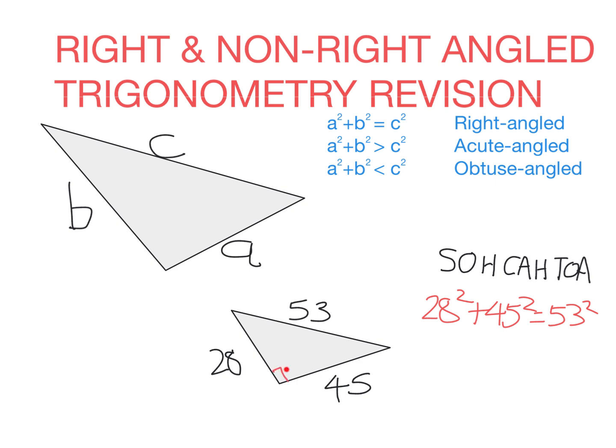The right angle is always opposite the longer side. In fact, in any triangle, the largest angle is always opposite the longer side. So this triangle here is right angled, and that means, amongst other things, we could use SOHCAHTOA in this triangle. So make sure you know what SOHCAHTOA means, because we'll need it for some of the problems in this video.